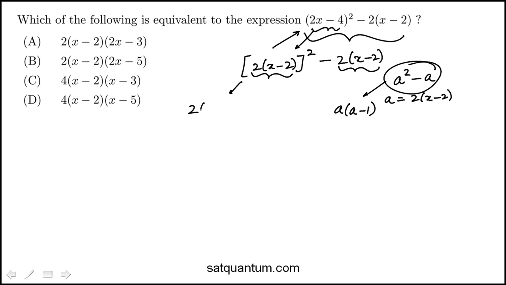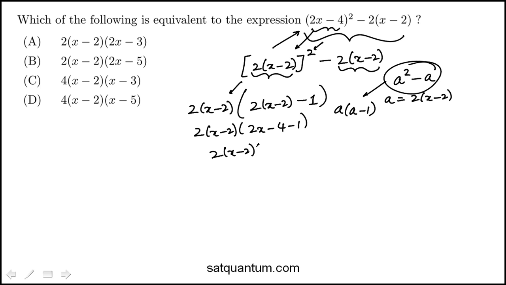We're going to factor 2 times x minus 2, and we will get a single one here, because remember this whole thing is being squared, and then just a 1 here. And all we have to do is distribute that 2 and combine these terms, and that becomes 2x minus 5. So we have it in the factored form, matches with choice B, and that's the answer.